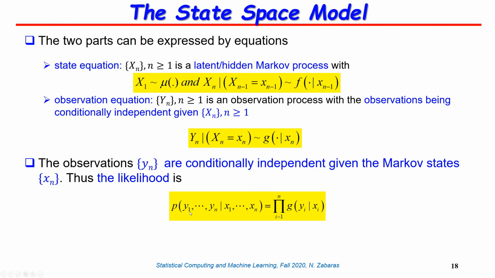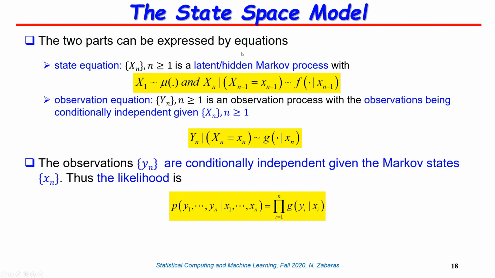So that will allow me to write the likelihood of y1, y2, ..., yn given the states x1 to xn as the product of g of yi given xi, from i equal 1 to n. So this is a very important assumption, and the probabilistic graphical model actually indicates this assumption. We're going to assume that given xn, the observations yn are independent.